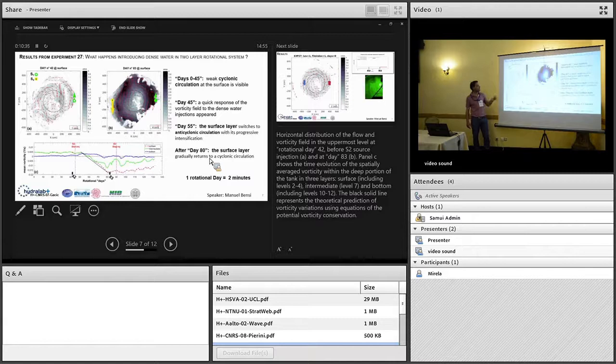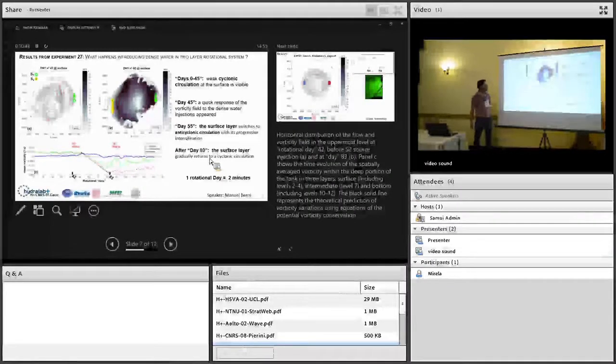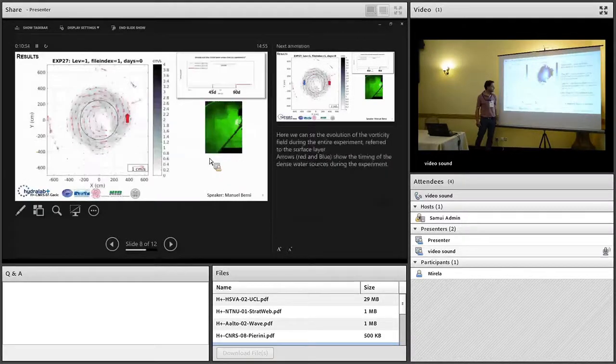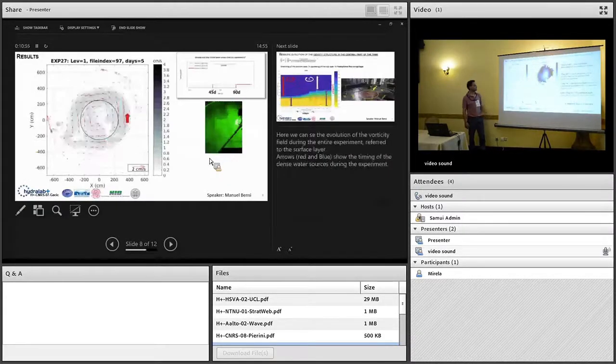As you can see here, the first results changed the vorticity in the tank, in the upper layer, and it occurred exactly after we started injecting the very dense water, after rotational day 35, of course.